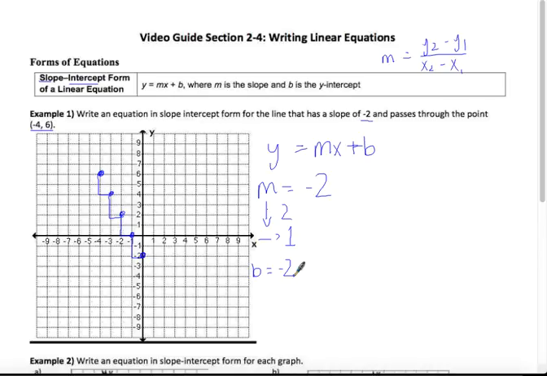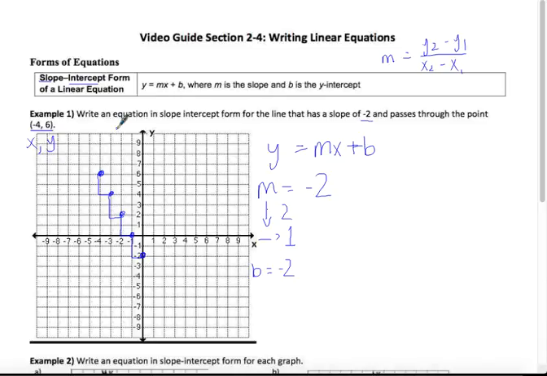The other way is just going to be using algebraic equations. So we're given this point here, and we know -4 is an x, and 6 is a y. So in this equation, we know if x is -4, then y has to equal 6.